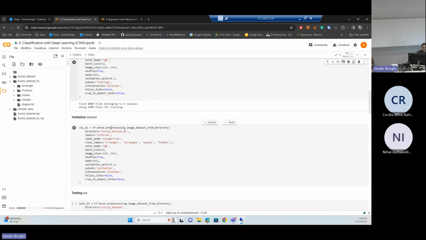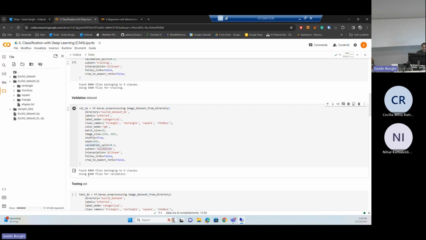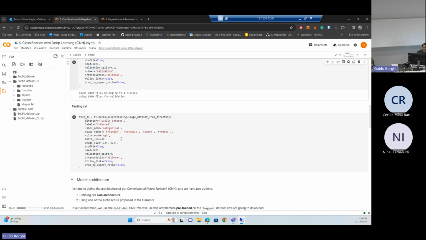The validation dataset is the same, but we specify that we are in the validation subset, not in the training. So if you run the cell, you can see that we have 1,600 files for validation. The testing set is created using the same method, image dataset from directory, but sampling the data from the Euclid dataset folder.